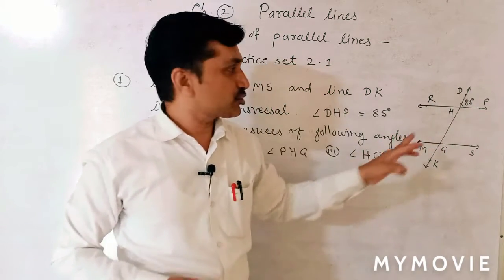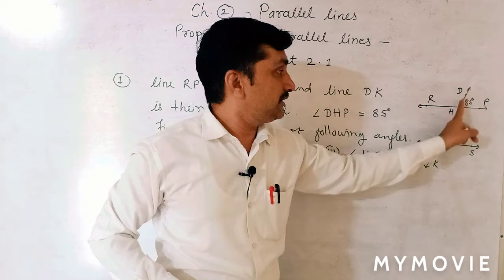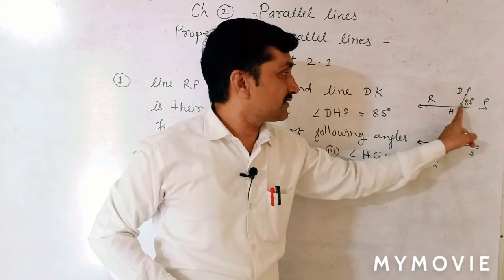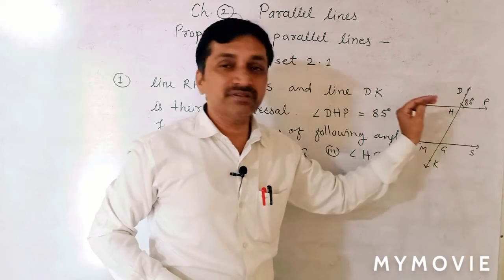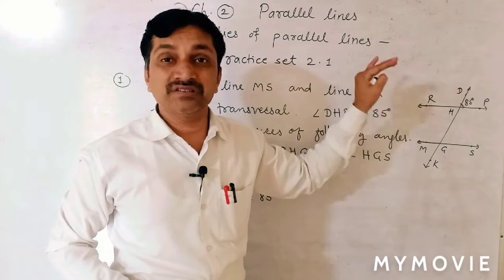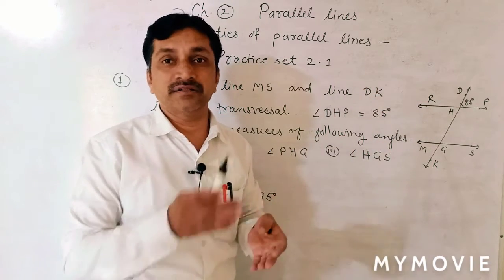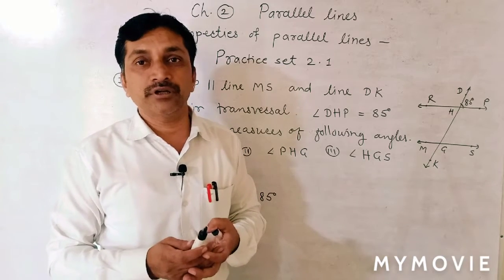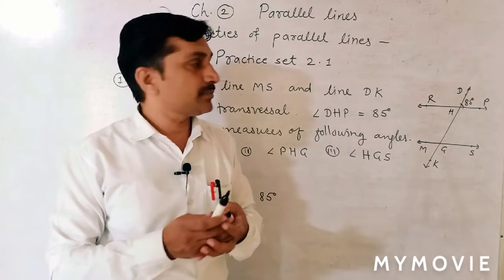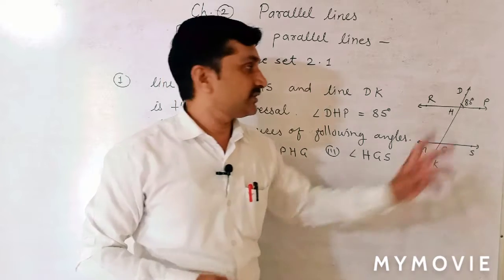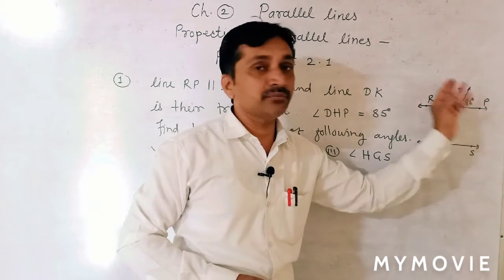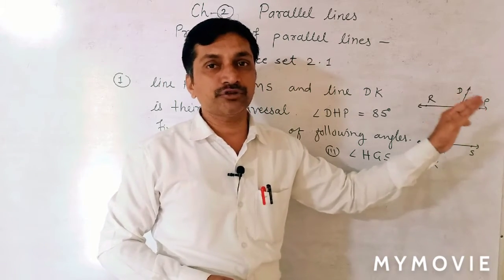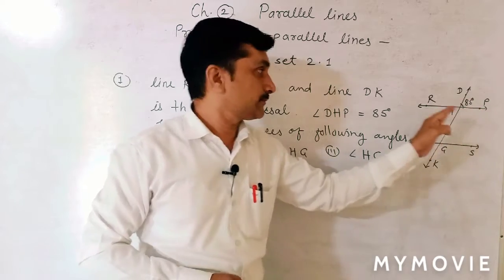Now if you see the relation between these two, DHP and RHD, both are lying on the same line. That's why they are angles in linear pair, and we know linear pair angles are supplementary, meaning their sum is 180. If we add them, we get their sum 180 because they are linear pair angles.